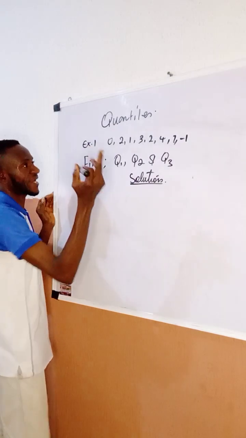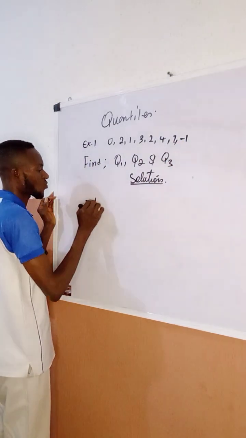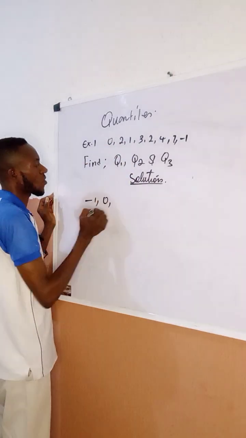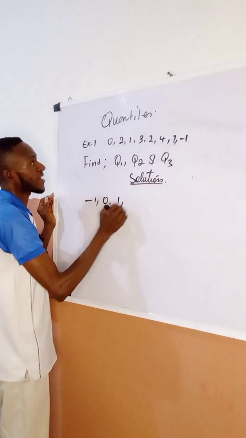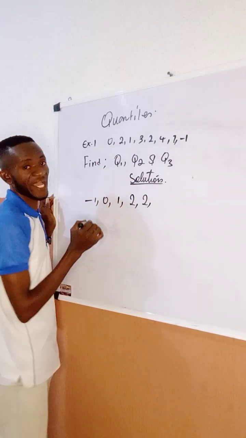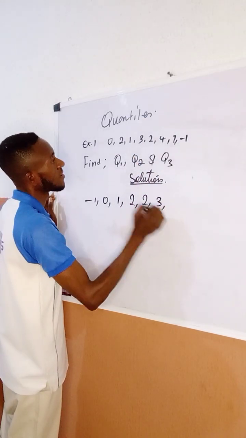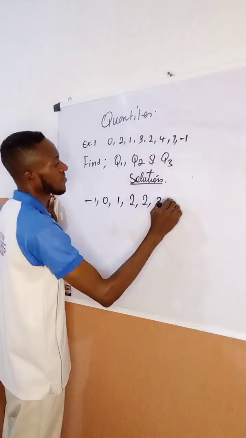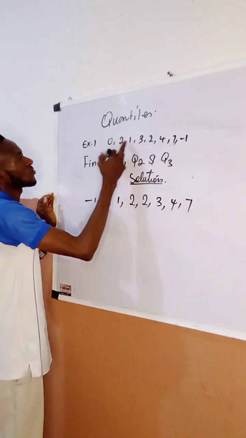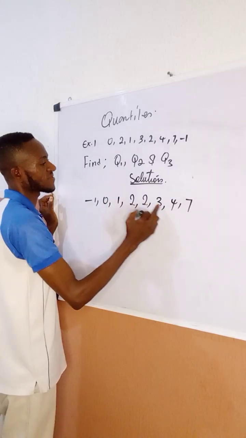The least number here is -1, followed by 0, followed by 1, followed by 2, which occurred two times, then 3, followed by 4, and followed by 7. So we count 1, 2, 3, 4, 5, 6, 7, 8.